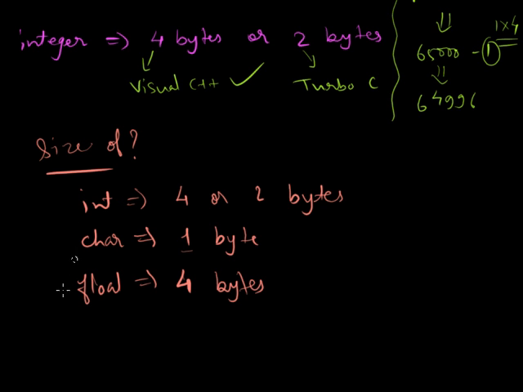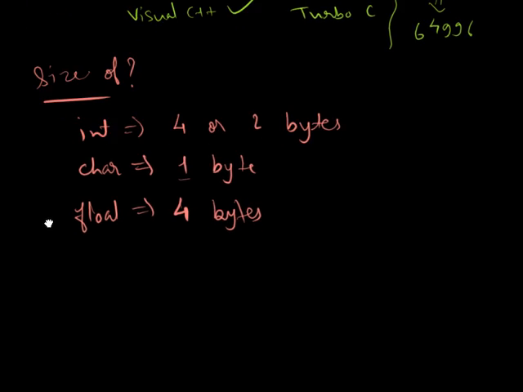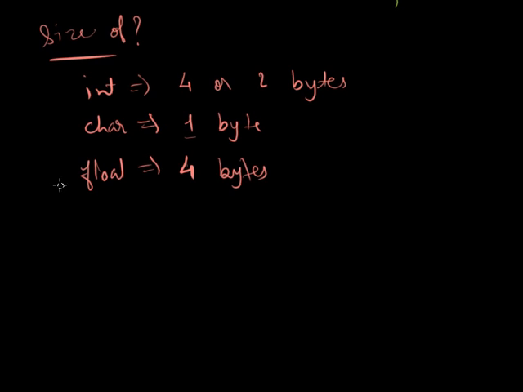Now how do you determine the size of a variable? If you don't know what environment you are working in, do this: printf. There is an operator actually available with C. The size is actually a number, so %d for a number, and you apply an operator which is known as the sizeof operator.